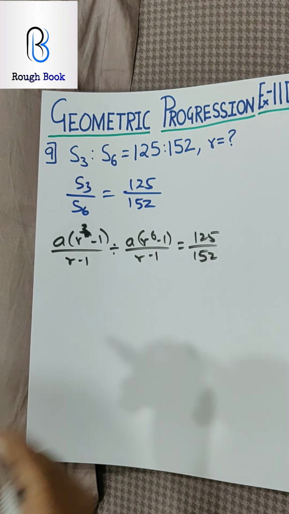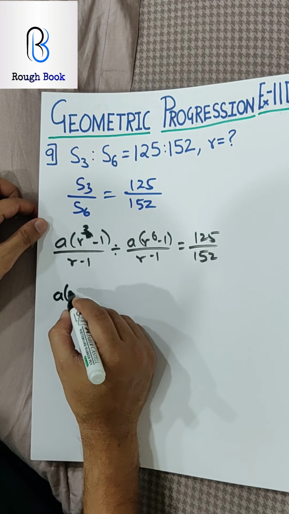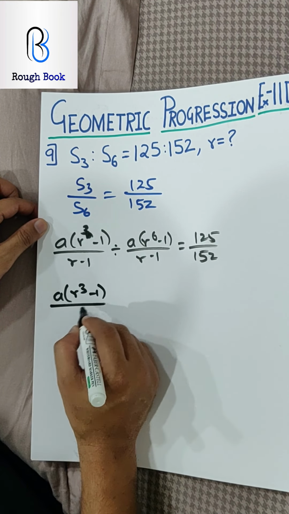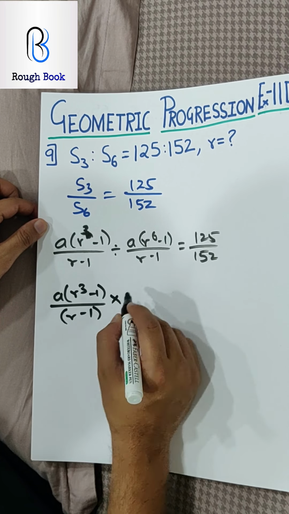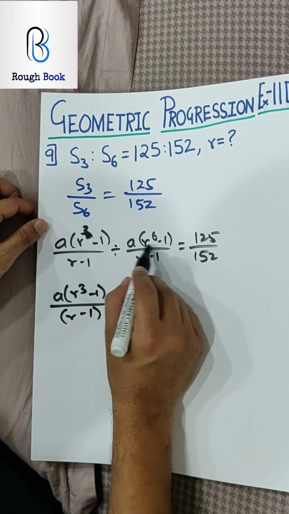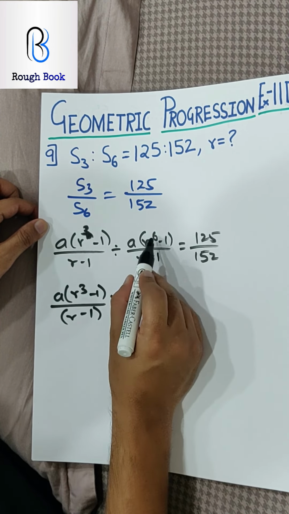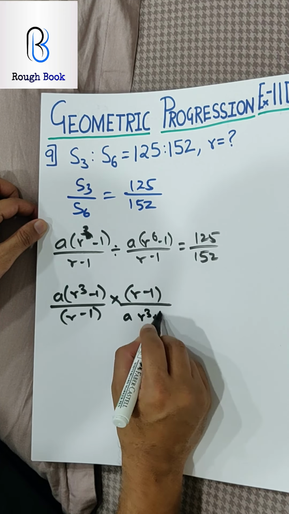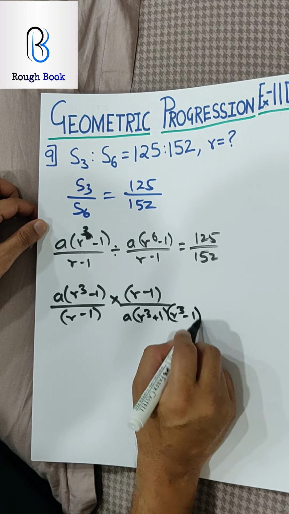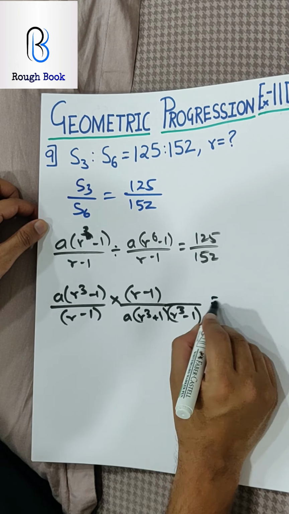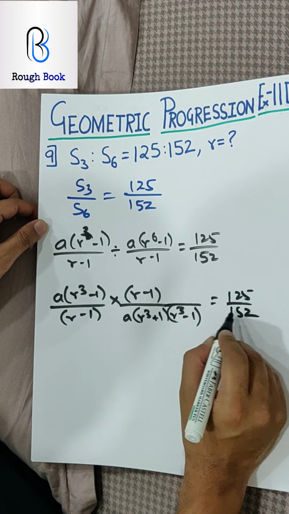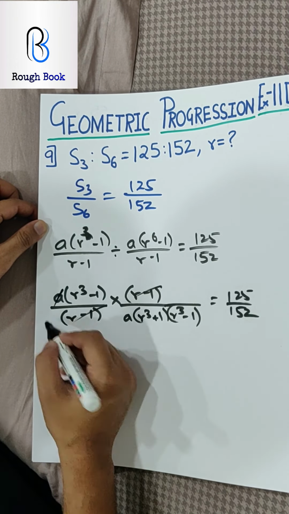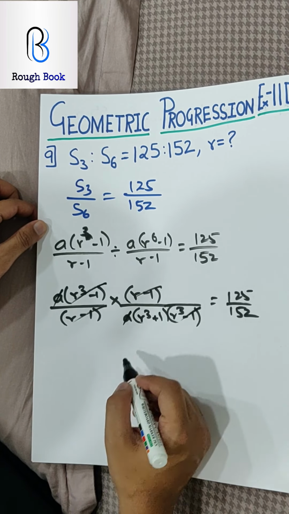So reciprocal, division will become multiplication: (R cube minus 1) upon (R minus 1), into (R minus 1), and this one, pay attention, R^6 minus 1 I am writing as (R cube plus 1)(R cube minus 1), a plus b, a minus b. So A cancels, (R minus 1) cancels, R cube minus 1 cancels.